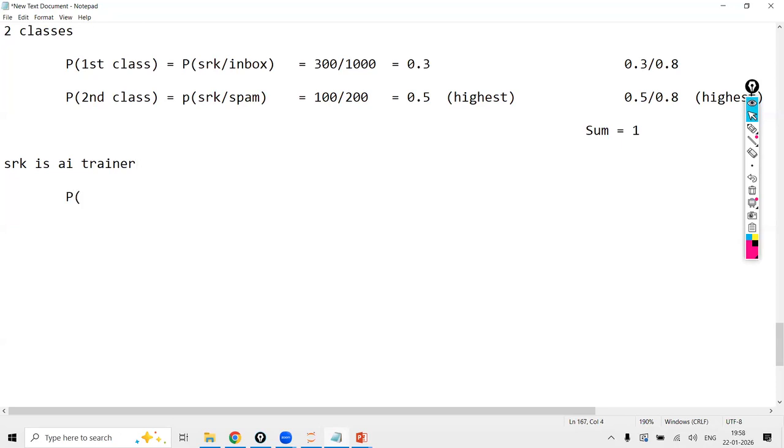First, you take the probability of SRK within the inbox, into the probability of each word in the inbox, into the probability of AI within the inbox, into the probability of trainer in the inbox.